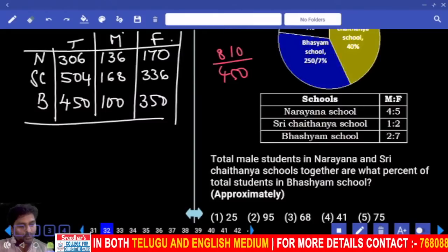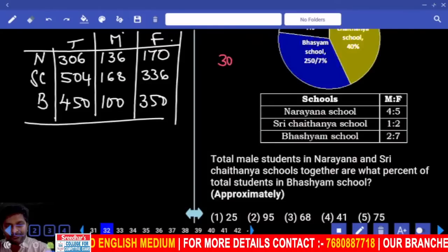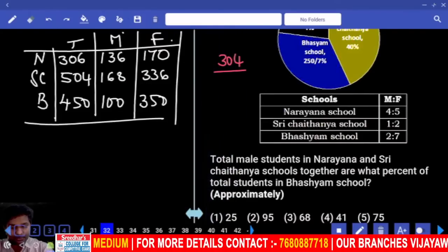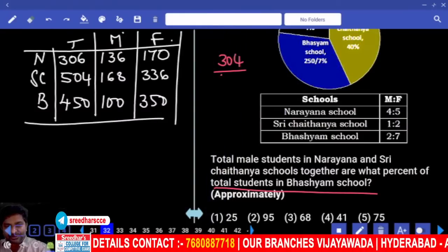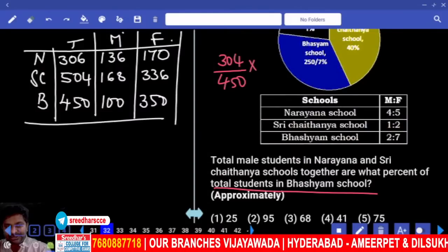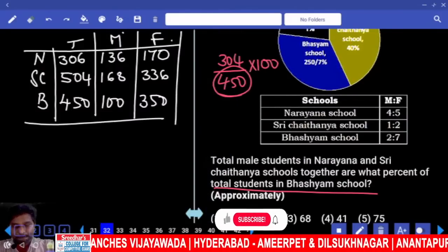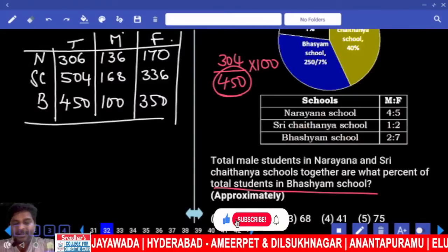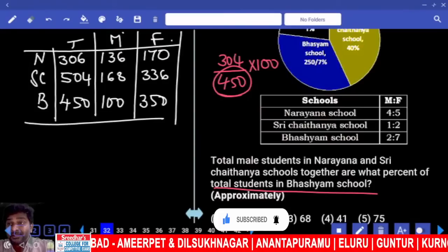Male are 304 with respect to the total number of students in Bhashyam. Total number of students in Bhashyam 450. Percentage into 100 only. What is 10% of the denominator? 45. Double 90. 90 triple.